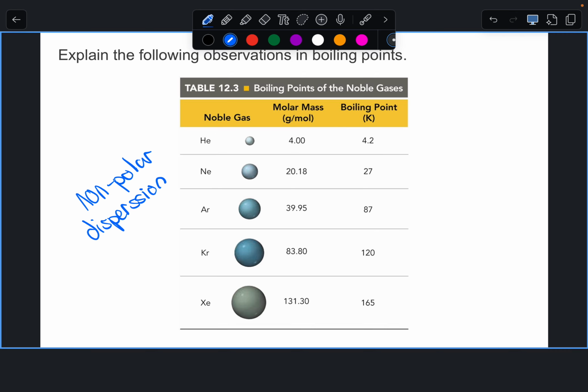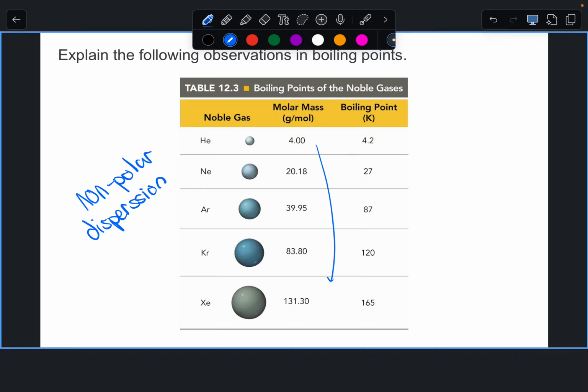But just because they're all dispersion forces doesn't mean they all have the same boiling point, right? You can see as they get bigger, and by bigger, this could mean we measure it by molar mass. That's usually the number that we'll give to help you know that something is bigger.